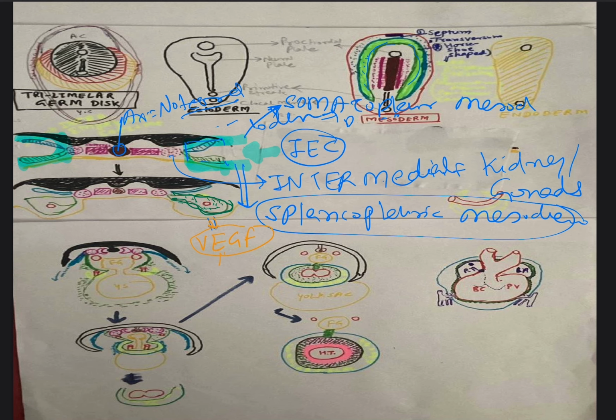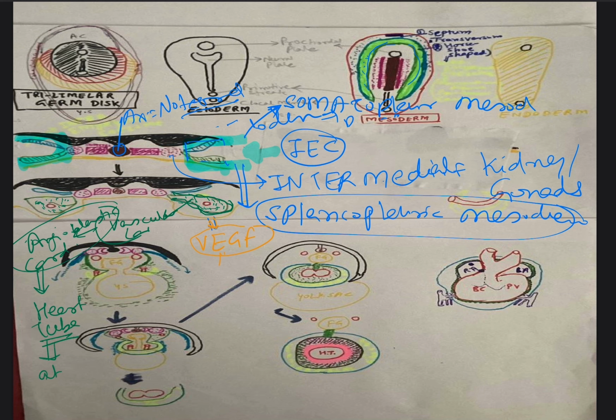Not only that, but there is also development of vascular cords, or angioblastic cords, in the whole splanchnopleuric mesoderm.